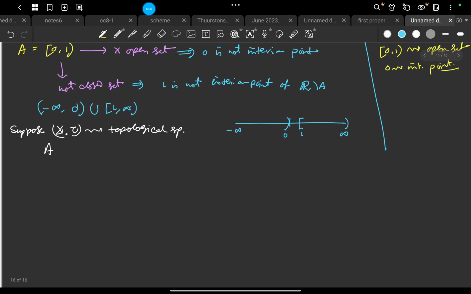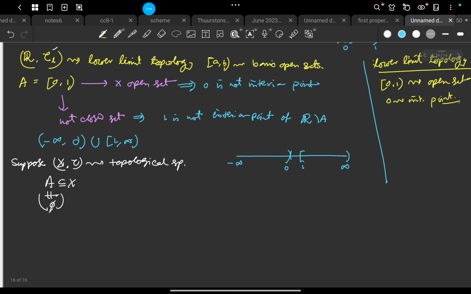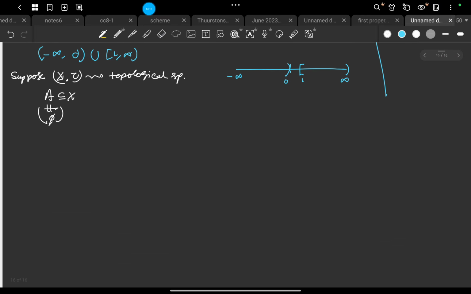Let's say A is a subset of X, and of course A is non-empty. I'm not bothered about the empty set, because the empty set is by vacuous condition open as well as closed. That's why in the definition of topology we have considered the entire set and the empty set to be closed and open as well. So I'm just bothered about non-empty sets.